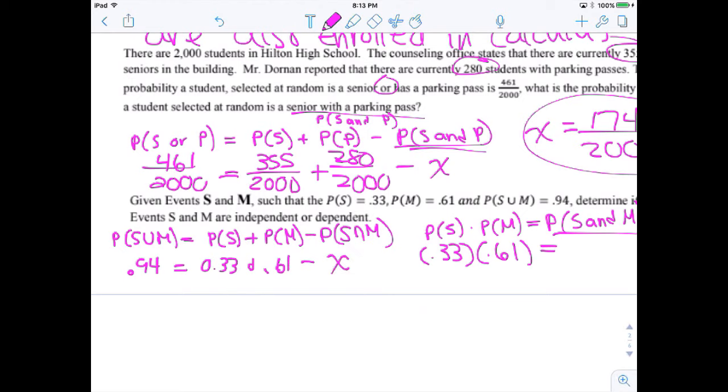Now, something very interesting is going to happen here because 0.61 plus 0.33 is 0.94. And so what you get here is that x is 0. So what I want to know is, well, does that come out to be 0? It certainly does not. And so I would say that these are not independent.